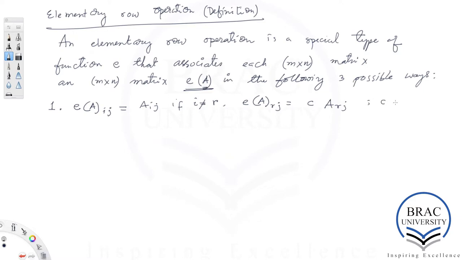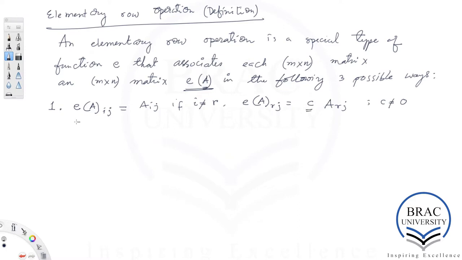Here we want c to be not equal to 0. So it tells us that we were given an m times n matrix, and a given row of that matrix, and the elementary row operation is to multiply all the entries in that row by this non-zero scalar c.